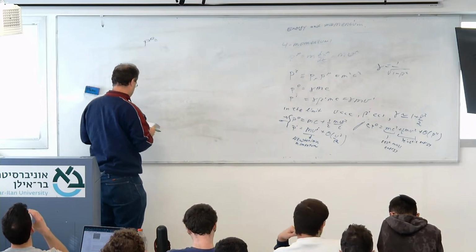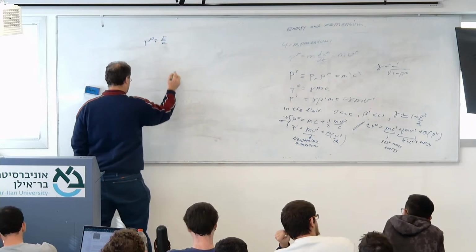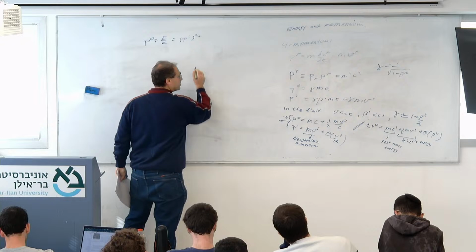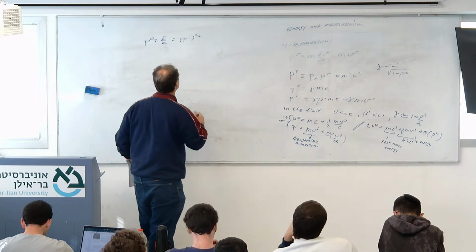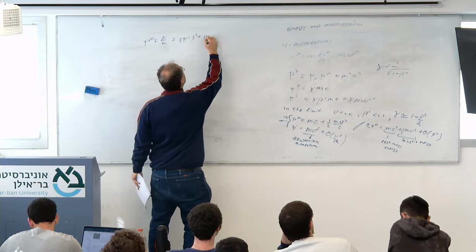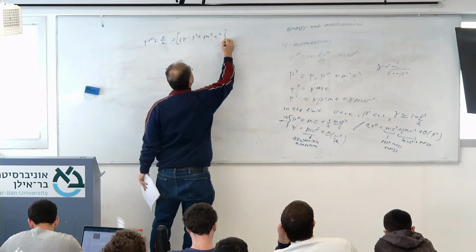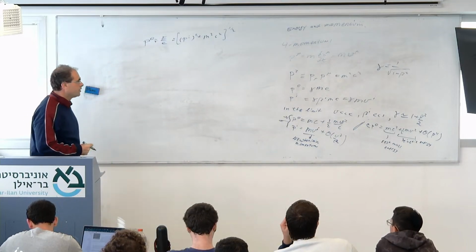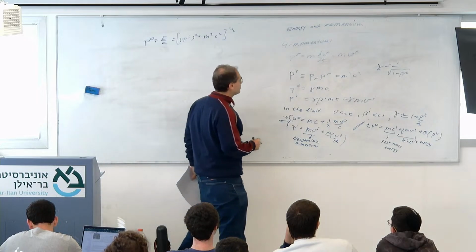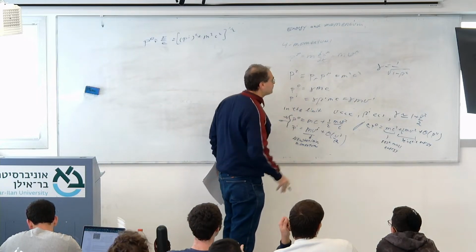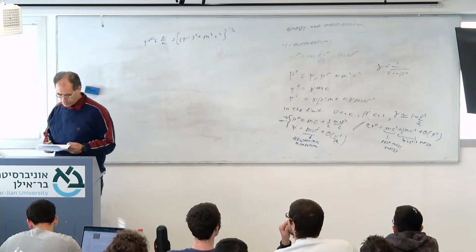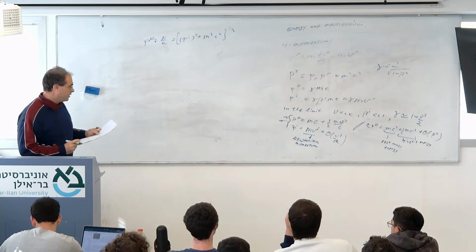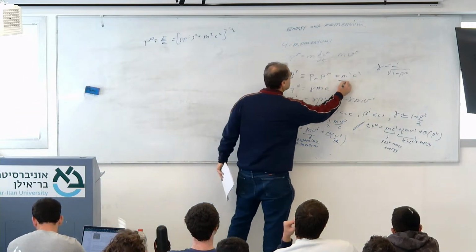E over c is just p squared plus m squared c squared, all that to the power 1/2. I just plug it in here.